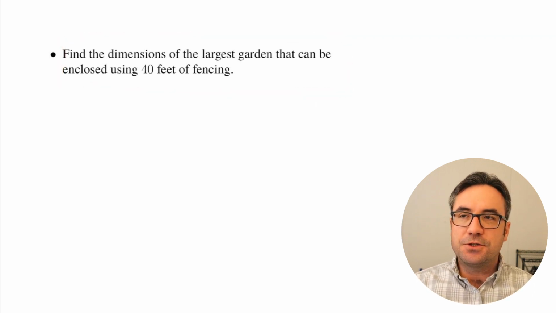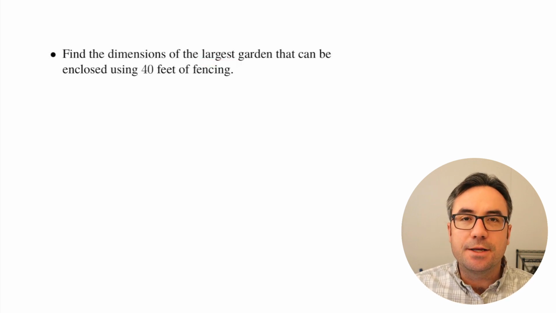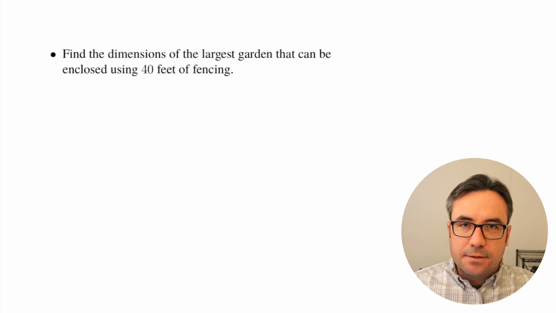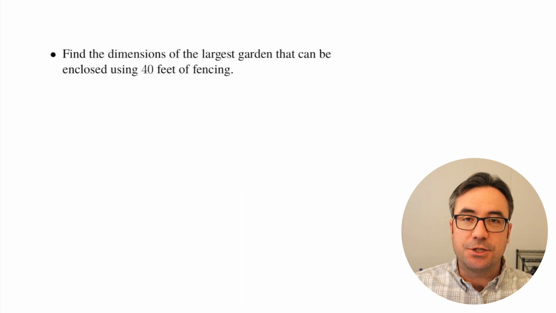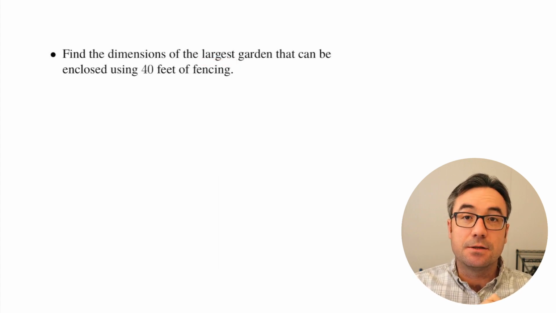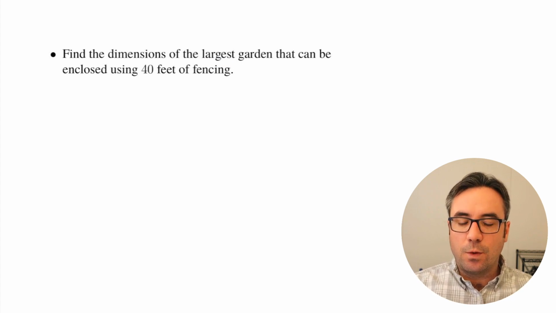So as soon as we see wording like largest or smallest or maximum or minimum, we're talking about an optimization problem. So the key word here is largest. All right, so let's unravel what's going on.